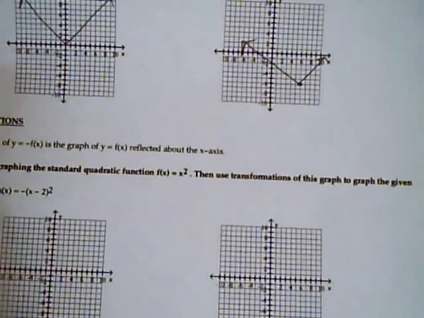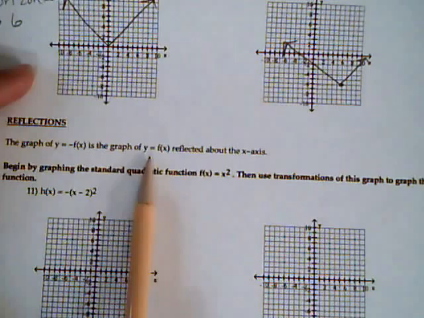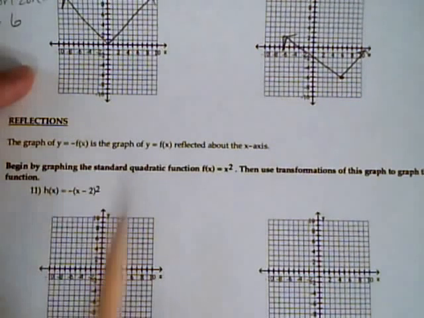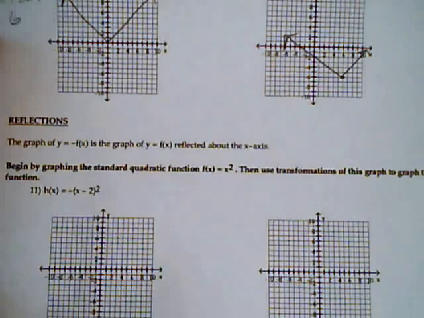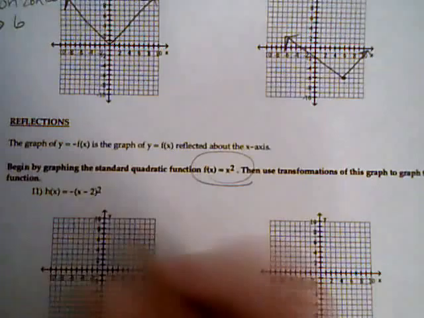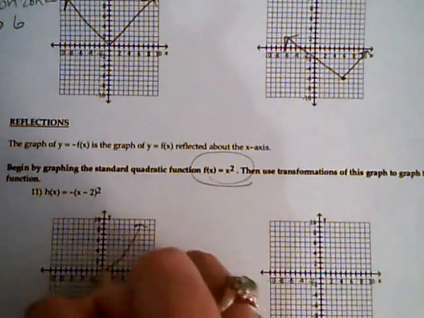Okay, the last thing we're going to talk about is reflections. This says that the graph of y equals negative f of x is the graph of y equals f of x reflected about the x-axis. If it's a negative sign in front of the function, it just flips the graph over the x-axis. So if I look at my original function, that's going to be our parabola.